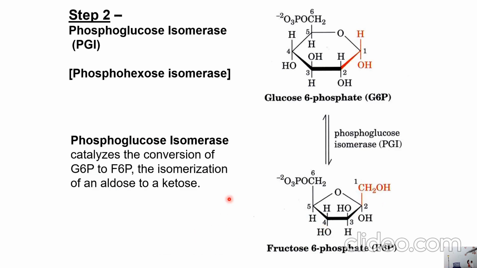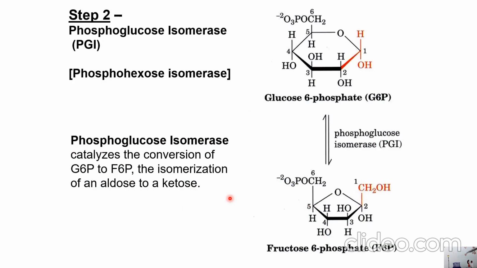Step 2 is phosphoglucose isomerase, or phosphohexose isomerase. Phosphoglucose isomerase catalyzes the conversion of G6P to F6P.